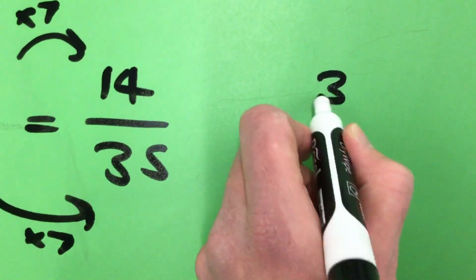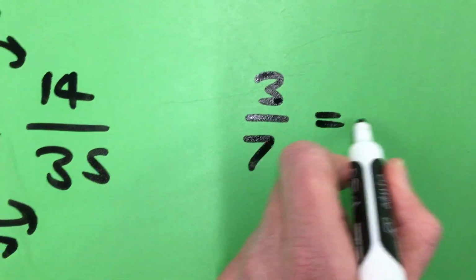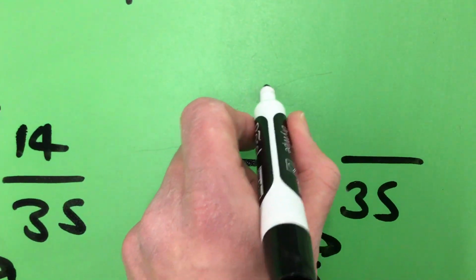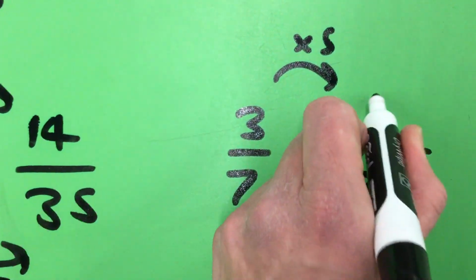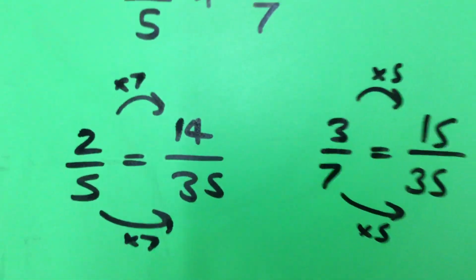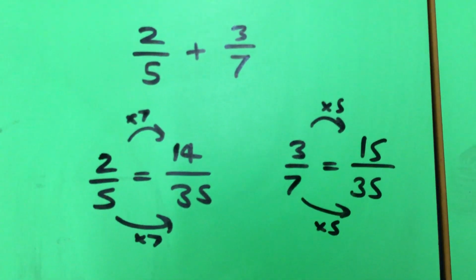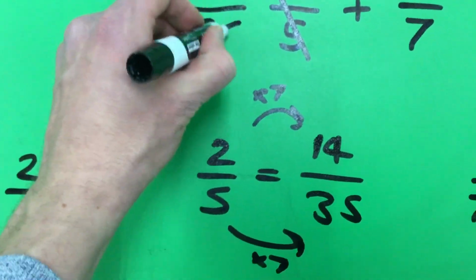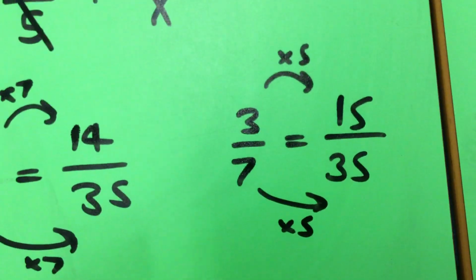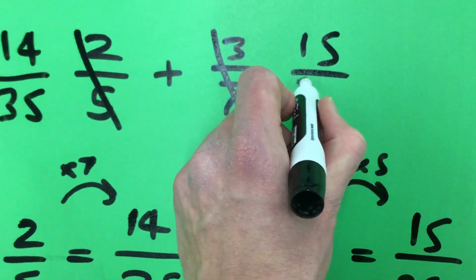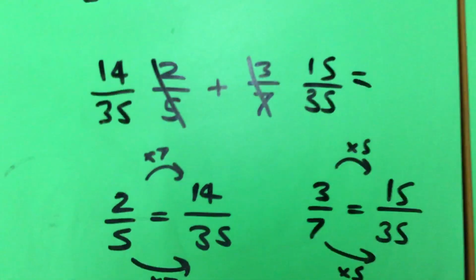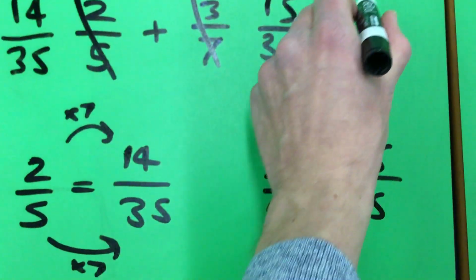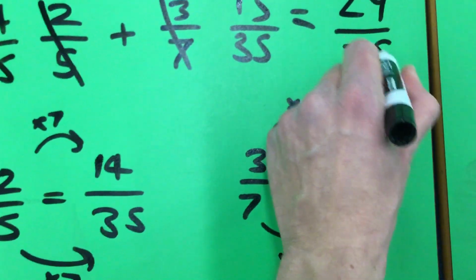With the 3/7, that's multiplied by 5, so I must do the same to the top. 3 times 5 is 15. So what I have now is 14/35 here. Instead of 3/7, I can use 15/35. And the total for those, 14 add 15, is 29/35.